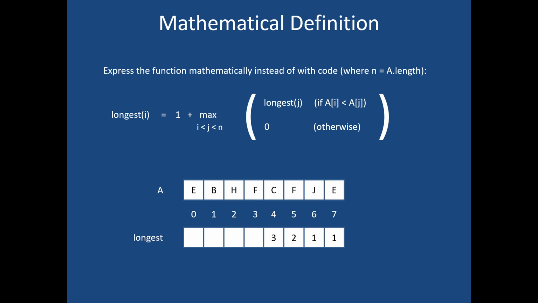That's C's answer. What happens with F? We look at the things bigger than F. There's only 1. So we take its longest. That's 1. We add 1. That's a 2. With H, same thing happens. We get a 2. What's going to happen with B? Everything to the right of B is bigger.